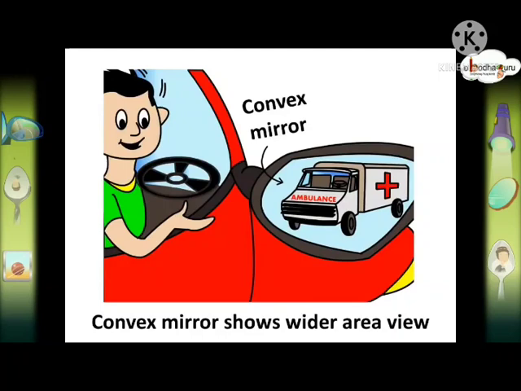You know, in the cars and other vehicles, the rear view mirrors are actually convex mirrors. Why? Because it makes things look smaller, but you can see a lot more area at a time. So the bus driver uses this mirror to see a wider area of traffic behind him.